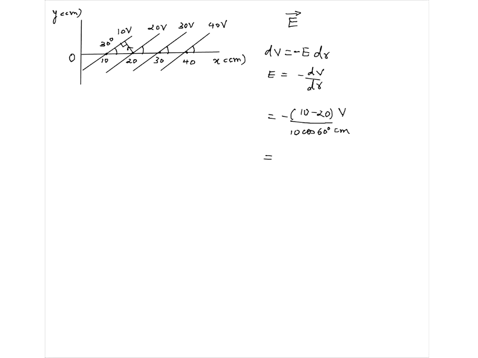Yes. Sir, is it not 10 cos 30? In this right angle triangle, you want this. This is 30, this is 60. This is 10, this is 60. So 10 cos 60.